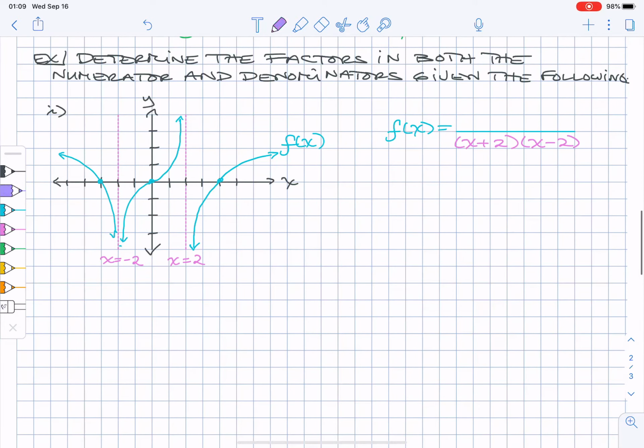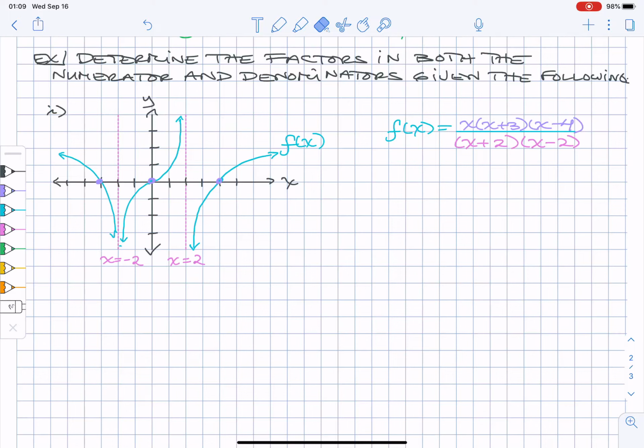Now I have x-intercepts at -3, so x minus -3 becomes x plus 3, at 0, that's just x, and at 4, so x minus 4.